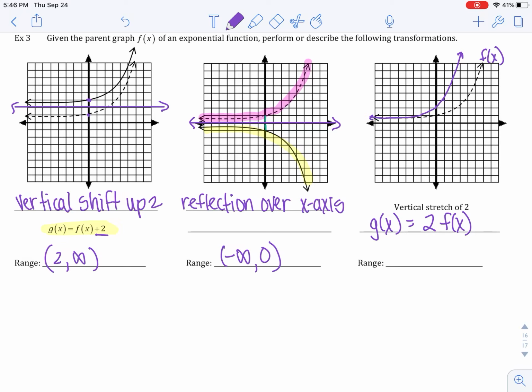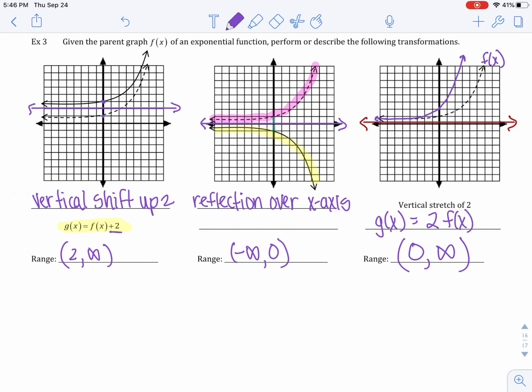Goes out like that. I've drawn my asymptote line. I know it's never going to cross that line, which means it's above that line. That line is at 0, and it's pointing upwards to infinity. Remember, no brackets.